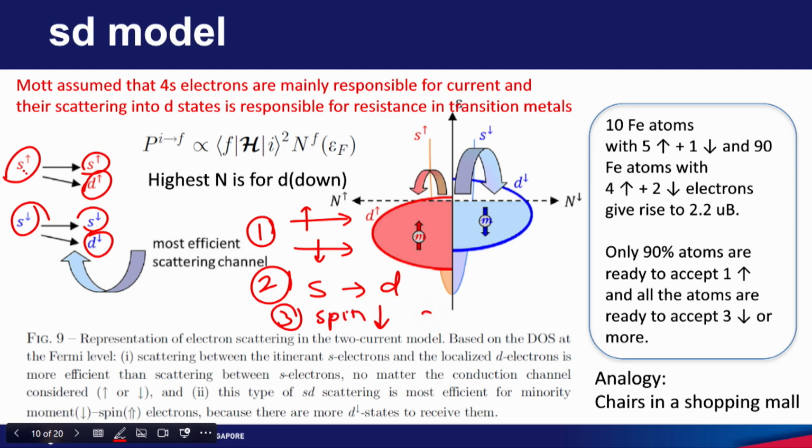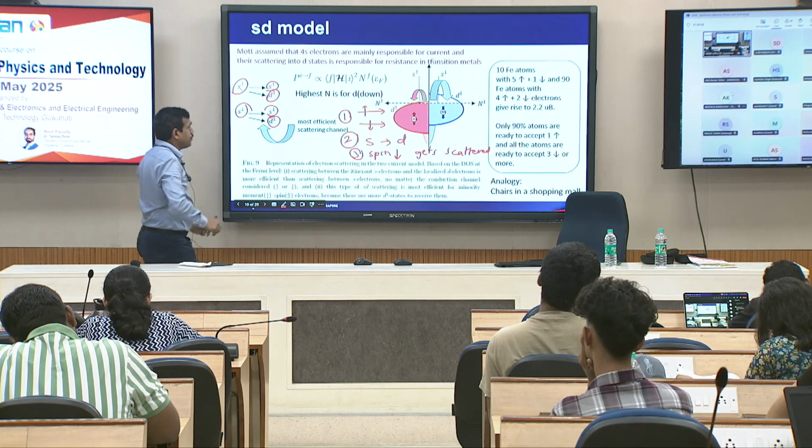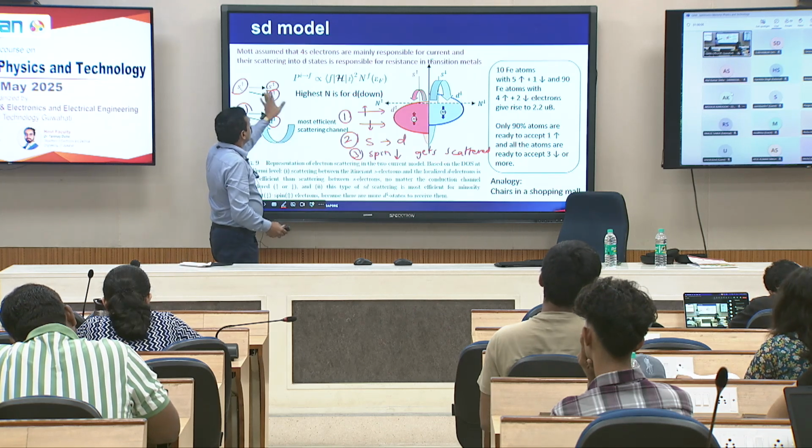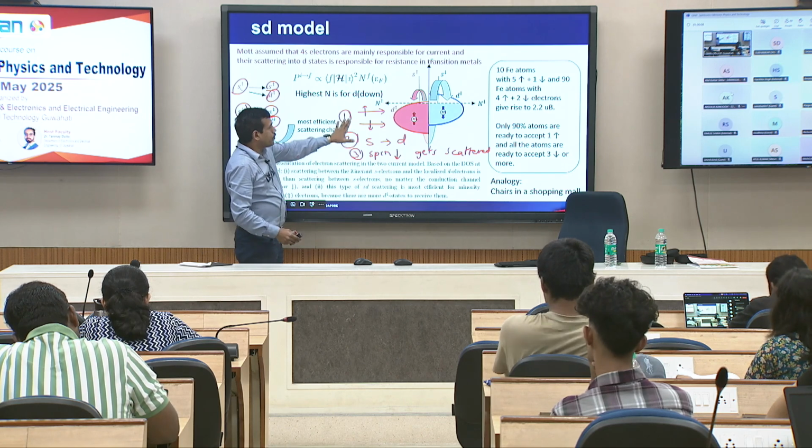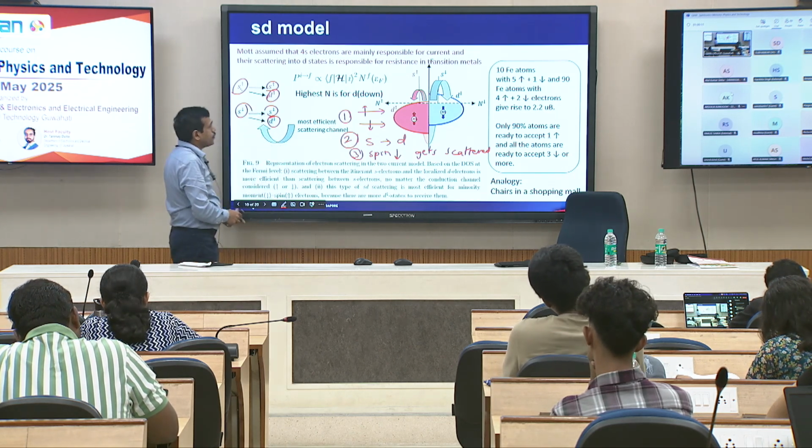Spin down electrons get scattered more. So, these 3 are the important points. You can also say another point is that the spin flip does not happen. Spin up electron goes as spin up electron, it does not flip into spin down electron. So, you can say these 4 points are the most important points of the Mott two current model.